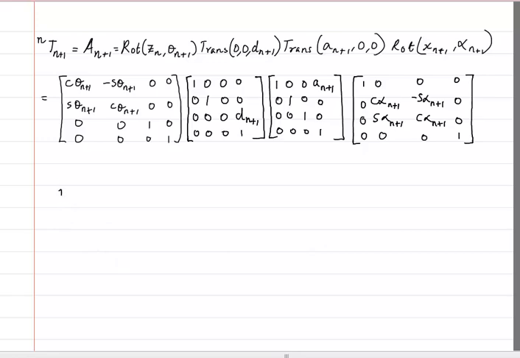Now, if I multiply all of this together, I will get the transformation matrix of transforming frame n plus 1 to frame n. So let me write the combined one. So if I multiply it all together, I will get cos of theta n plus 1, sine of theta n plus 1, 0, 0, minus sine theta n plus 1 multiplied with cos alpha n plus 1.